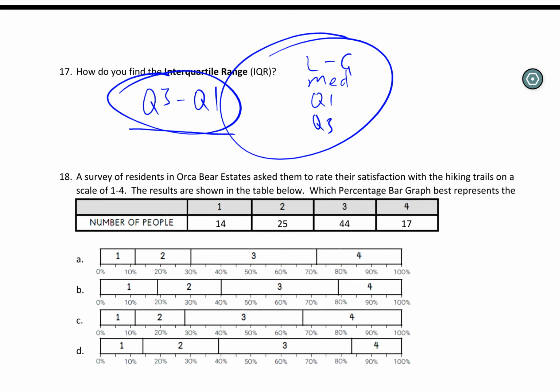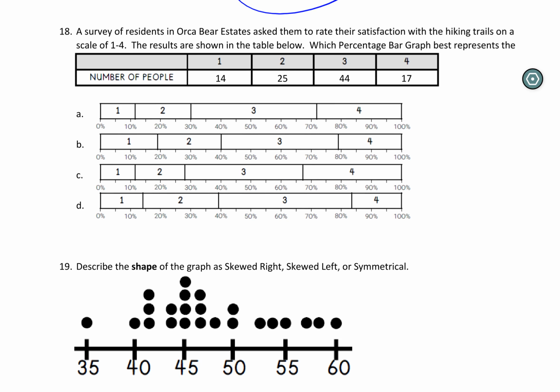All right, so question number 18. Survey of residents in Orca Bear Estates. Ask them to rate their satisfaction with the hiking trails on a scale of 1 to 4. And so they're shown on the table below. So I add up all of my pieces to see that 14 plus 25 plus 44 plus 17 is going to give me 100, which is good.